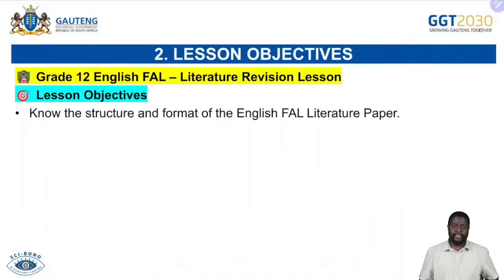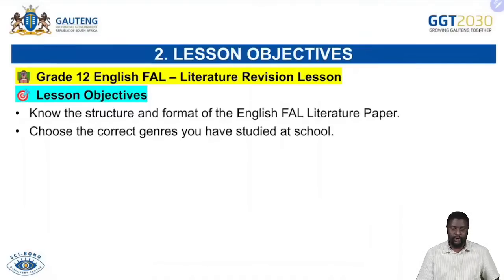We'll also look at the choices that you have, how to choose genres that you have studied at school. We will also look at key themes, literary devices, and how to respond to different questions in the English file literature paper. We will also analyze character development, setting of a story, tone, state of mind, and plot structure.